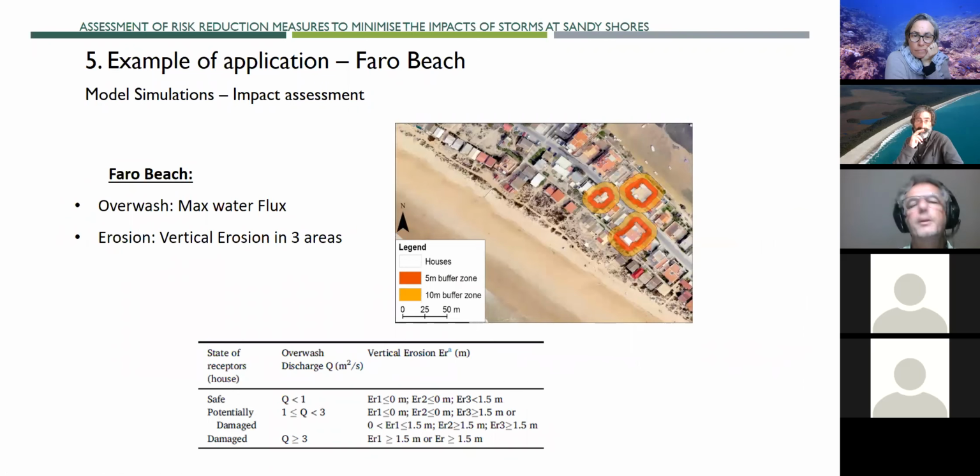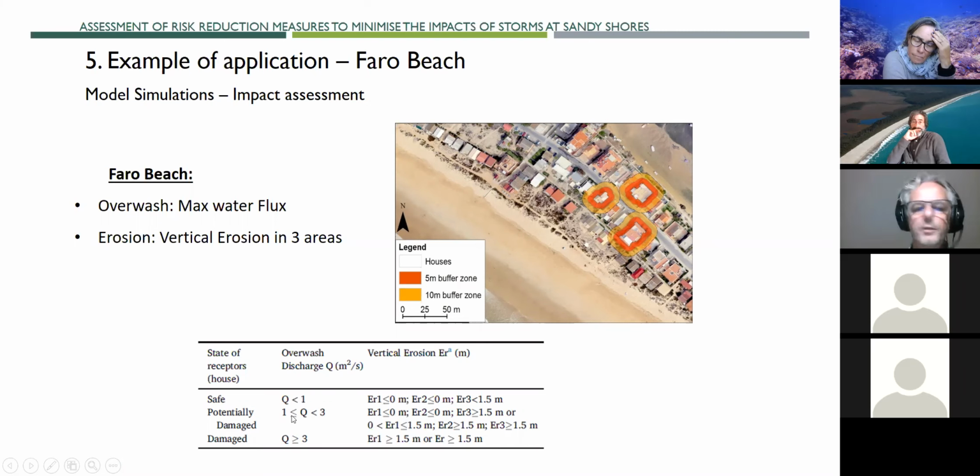So then we needed to do that connection between the hazard model and the impact assessment that I told you before. And that connection, in our case, we define for the hazards of overwash and erosion promoted by storms. We define that if the model discharge is smaller than 1 square meter per second, it would be safe. The infrastructures would not be damaged.